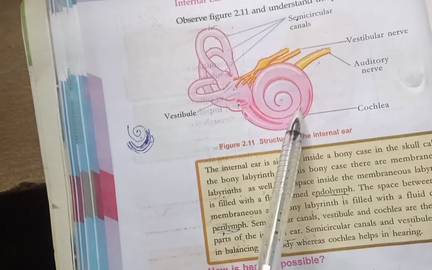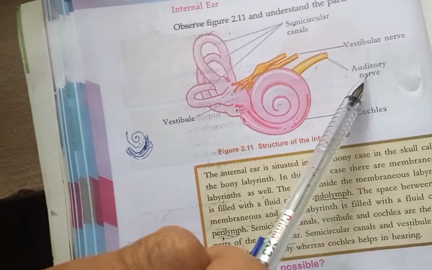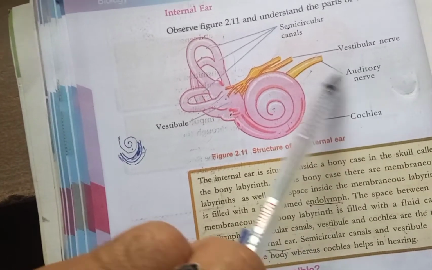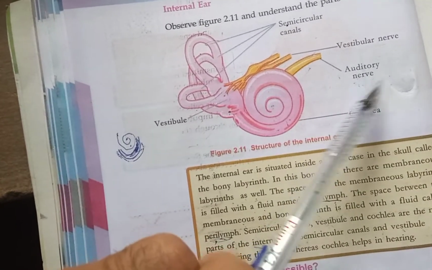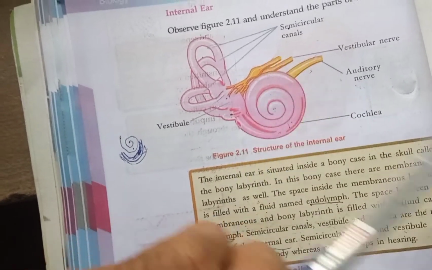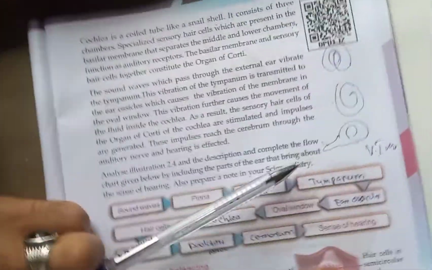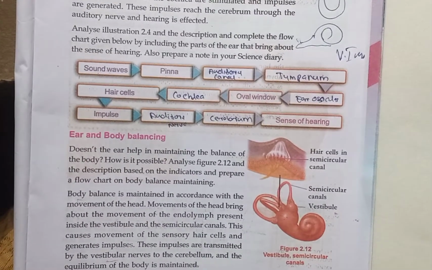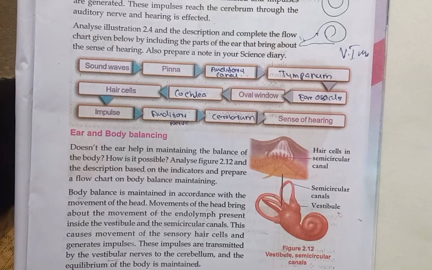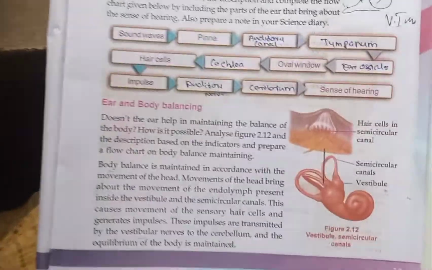But sound waves converted to impulses are transmitted by the auditory nerve. The auditory nerve is connected to the cerebrum and the vestibular nerve is connected to the cerebellum. In the examination, marks will be asked: vestibular nerve, cerebellum. Auditory nerve, cerebrum. This is understood now.